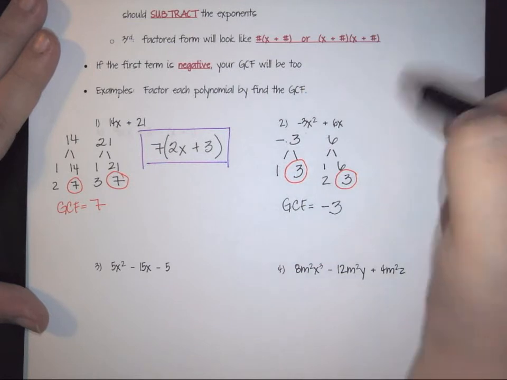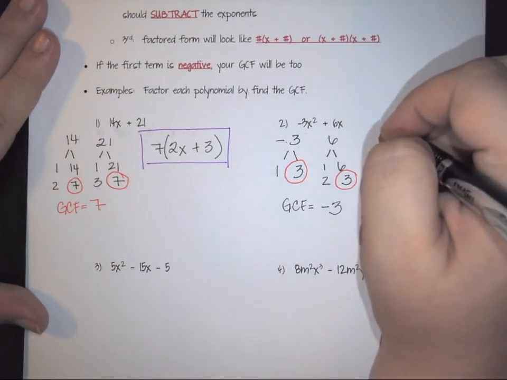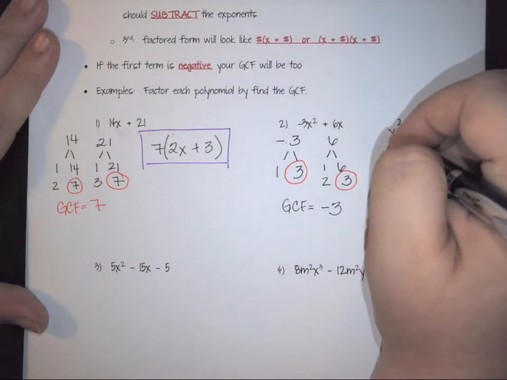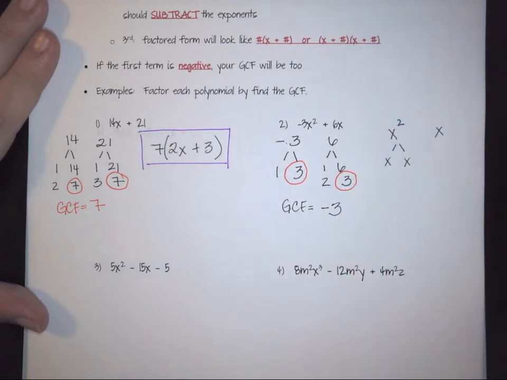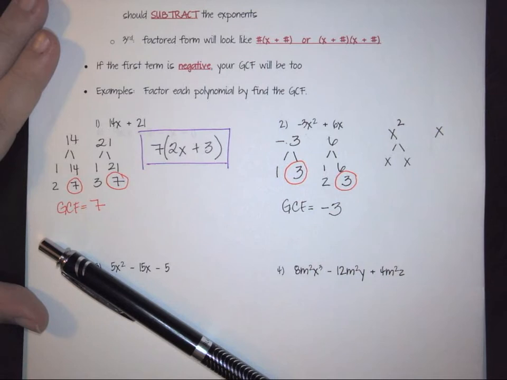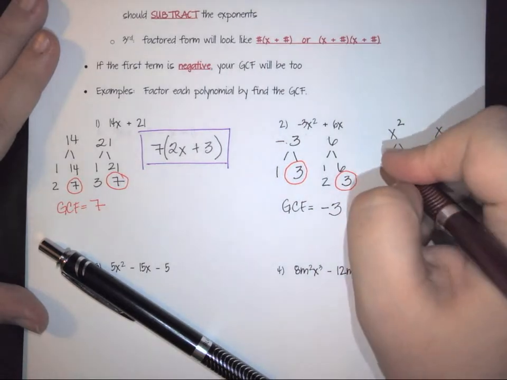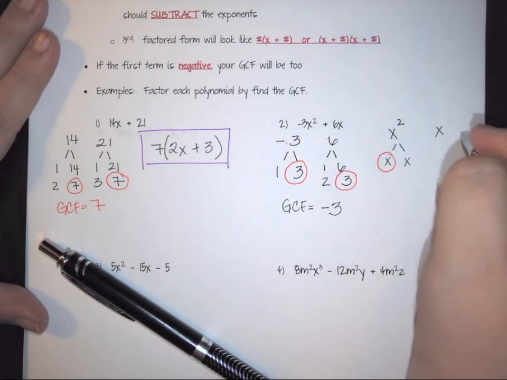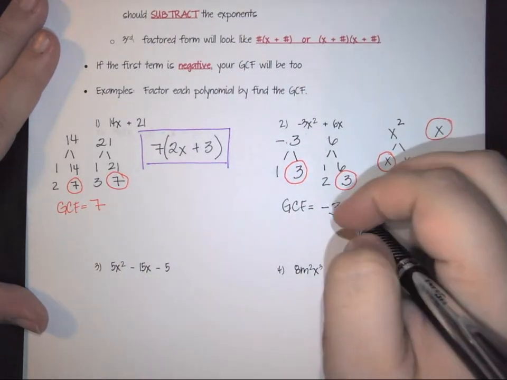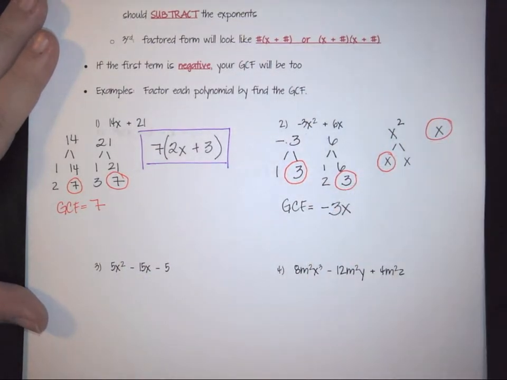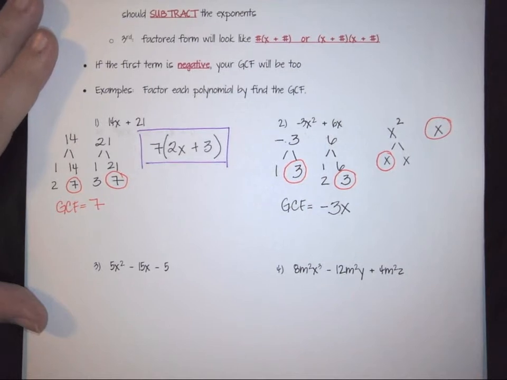So I also have to look at the fact that I have x squared, which we know reduces to x and x, and then I just have the single x. So again, when I'm looking for a greatest common factor, I would have 1x from here and the 1x from there. So that means I'm actually pulling out a negative 3x as my factor.